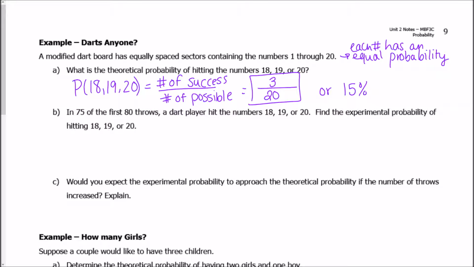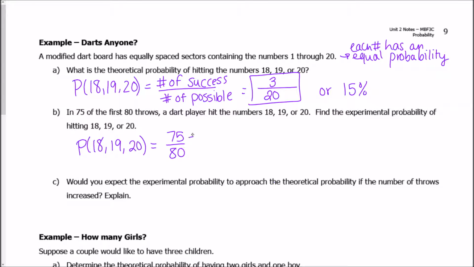Part B says in 75 of the first 80 throws, a dart player hit the numbers 18, 19, or 20. So now we're going to find the experimental probability of hitting 18, 19, or 20. This time the number of successful throws was 75 out of 80.